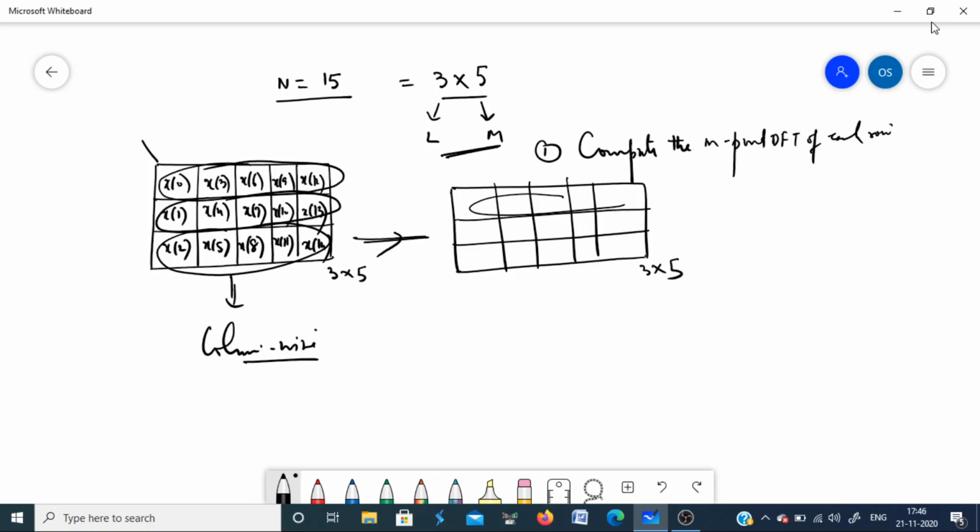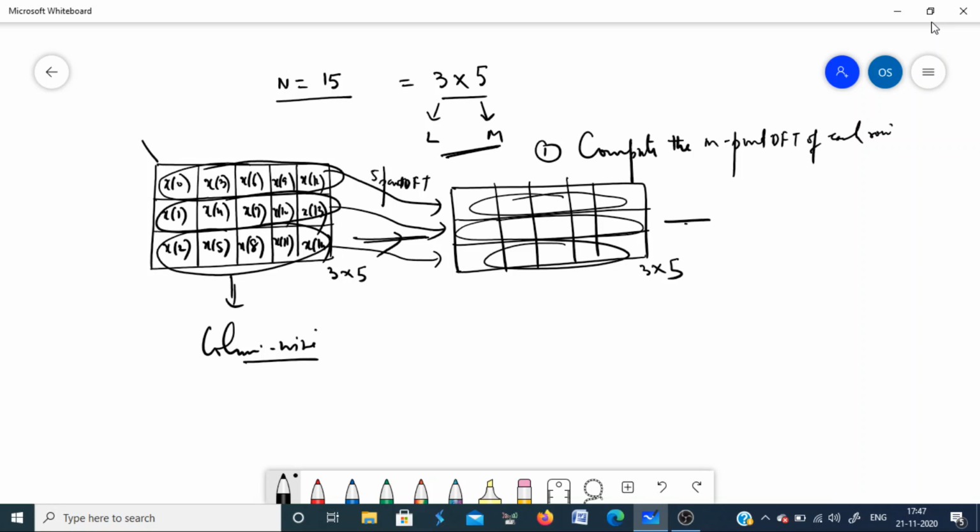Now this first row will be the 5-point DFT of this. The second row, the elements of this, they will be the 5-point DFT of this row. Third row will be the 5-point DFT of this. So you have to compute the 5-point DFT of all three rows and you have to store it here.